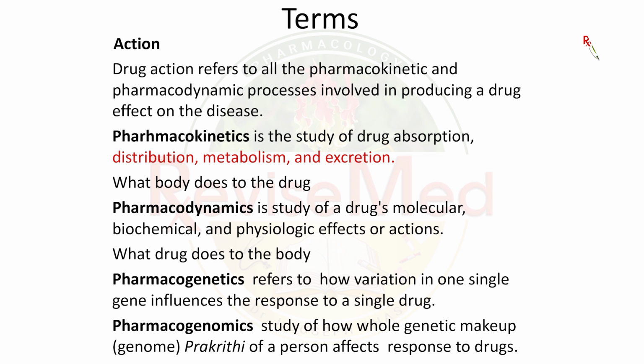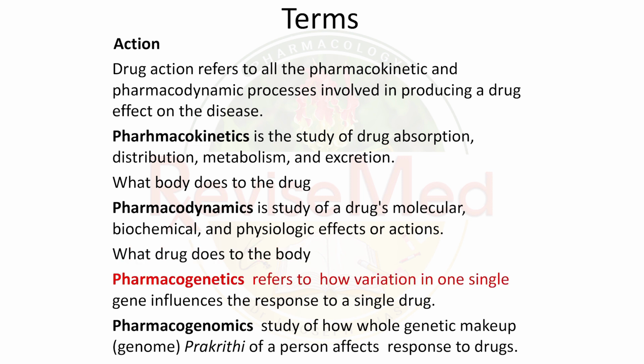But in short, you must know to say what the body does to the drug. Pharmacokinetics refers to what the body does to the drug. Pharmacodynamics is a term that denotes the study of a drug's molecular, biochemical, and physiological effects or actions. In short, you must be able to say pharmacodynamics is what the drug does to the body.